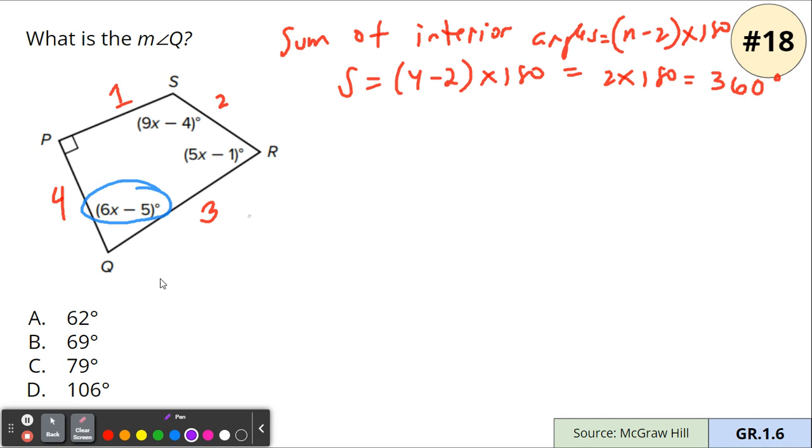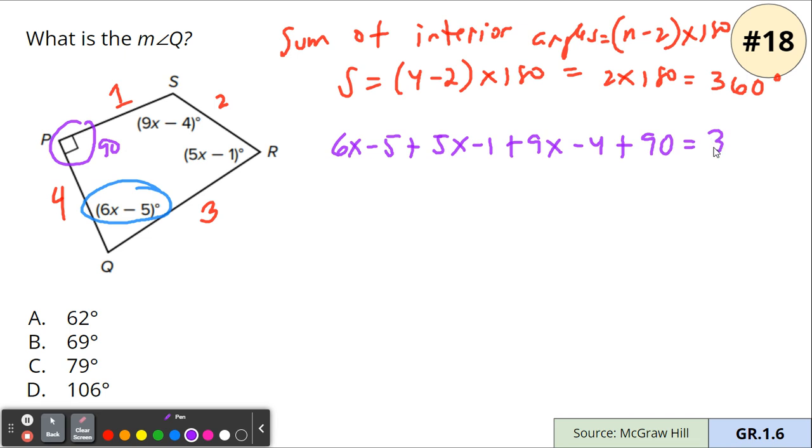So let's make our working equation to solve for x. So you have 6x minus 5 plus 5x minus 1 plus 9x minus 4 plus, don't forget this one, that is 90, okay, equal to 360 degrees. So adding all our x terms, 6x, 5x, 9x, that will become 20x.